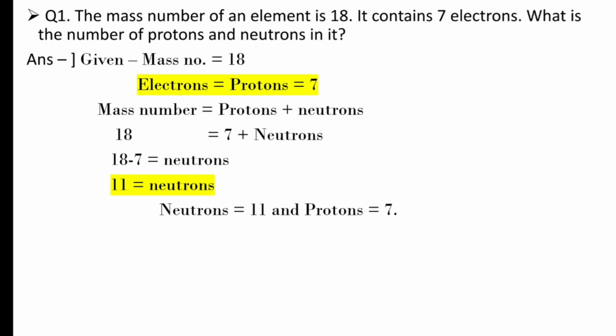Now we are given the mass number and protons, and we need to identify the neutrons because mass number equals protons plus neutrons. So 18 minus 7 is 11. So 11 neutrons and 7 protons will be there in that element.